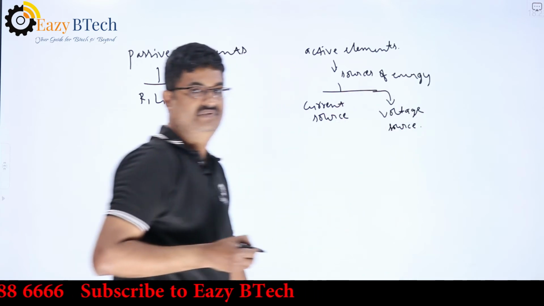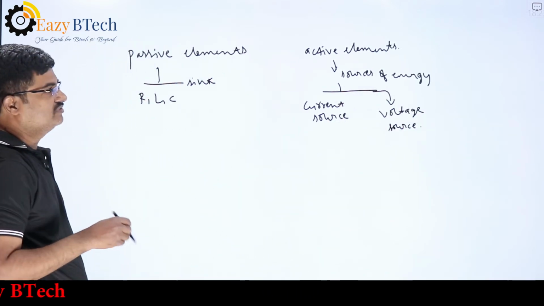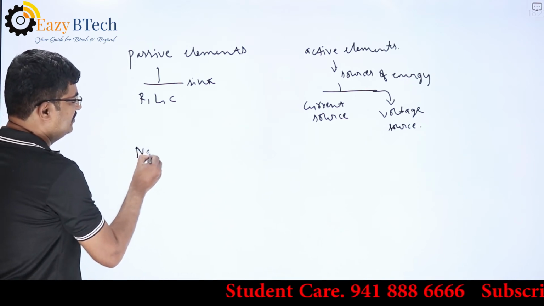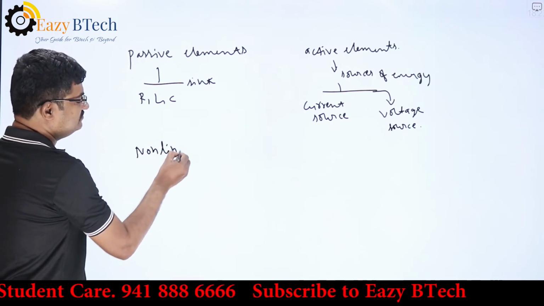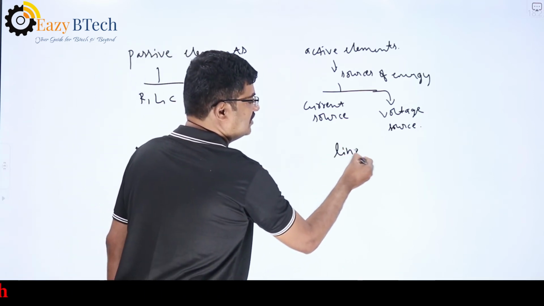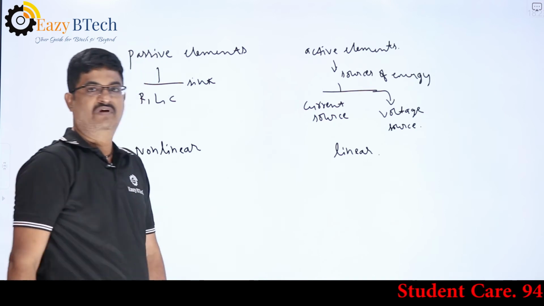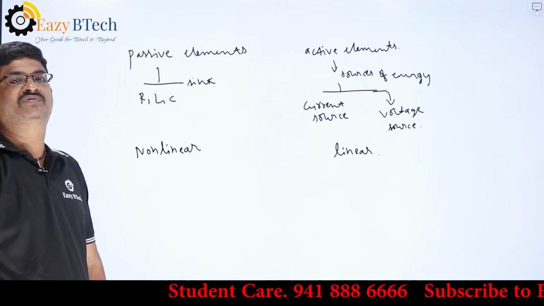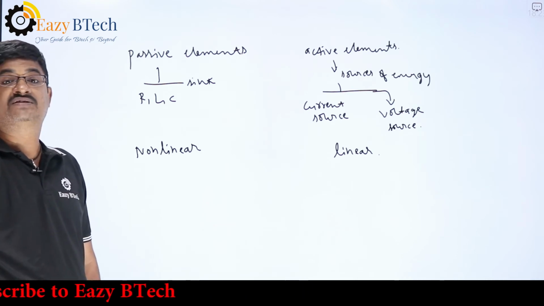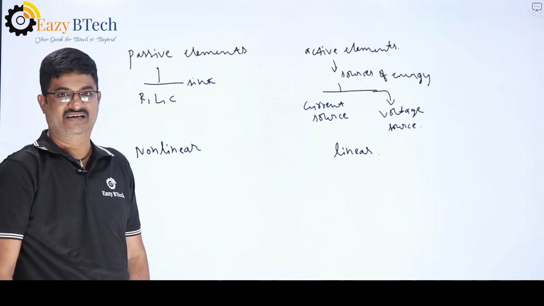Next, when we come to the further classification, they are classified as non-linear and linear. The elements which obey Ohm's law are said to be linear elements, and the elements which do not obey Ohm's law are said to be non-linear elements.